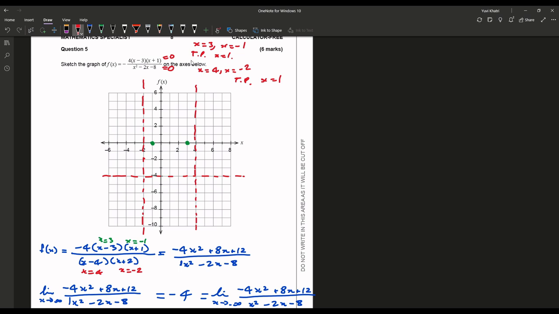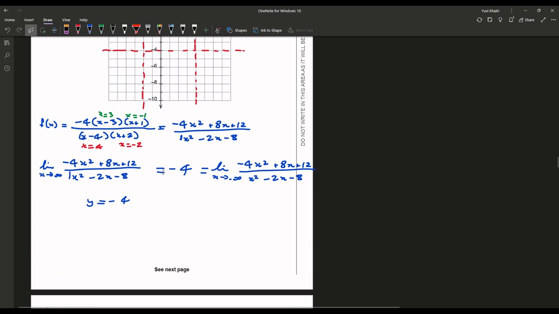Now, since the numerator and the denominator have the same turning point at x equals 1, the entire function will have a turning point at x equals 1. And not only that, because the numerator and the denominator have the same turning point at x equals 1, the function is going to be symmetrical about x equals 1. So first, let's just find the turning point at x equals 1.